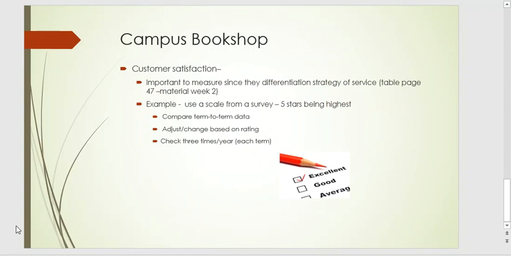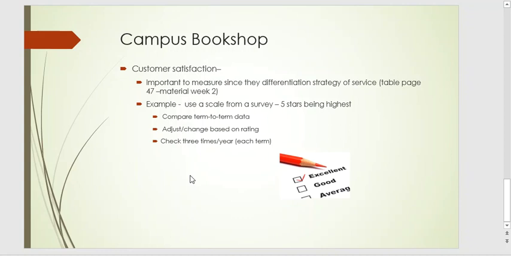So one of the examples in your packet of examples for real-world case studies, excuse me, is the campus bookshop. And they are looking at customer satisfaction. So one of the reasons why it's important to measure is because they are using the differentiation strategy of service.